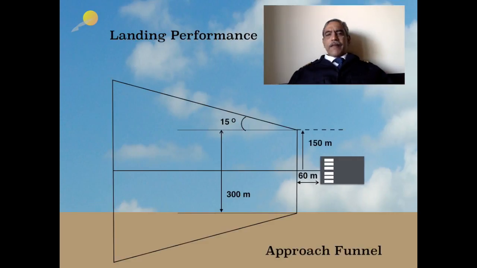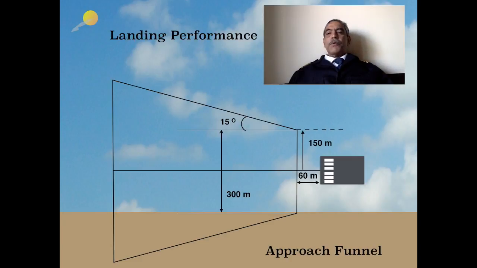Okay, we just defined that landing distance available is equal to the takeoff run available, as we had defined earlier. But what could be the modification? We will see in this.